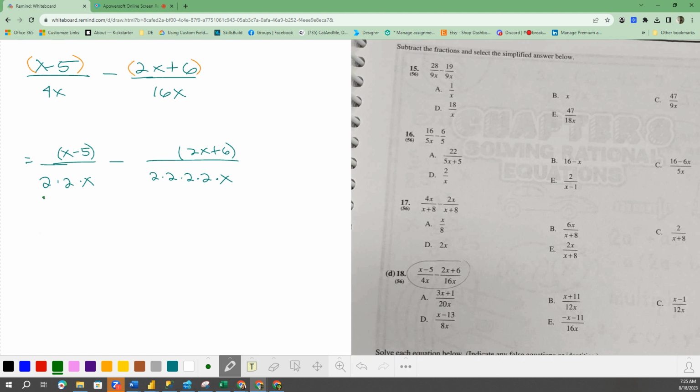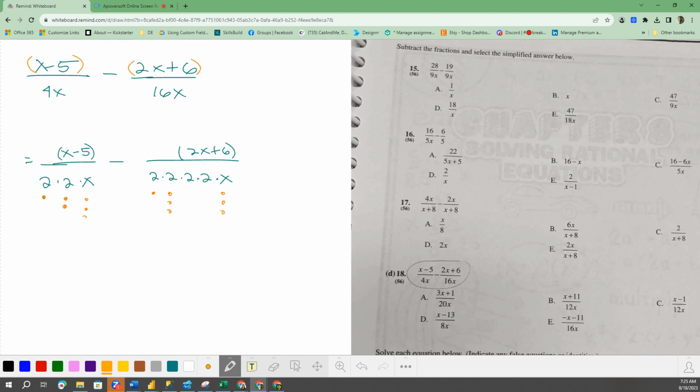So you do this 2, let's do a colored one, another color. So that 2 is paired with that 2. This 2, you will have 2 dots paired with this. Okay? Now this x, 1, 2, 3, 1, 2, 3.